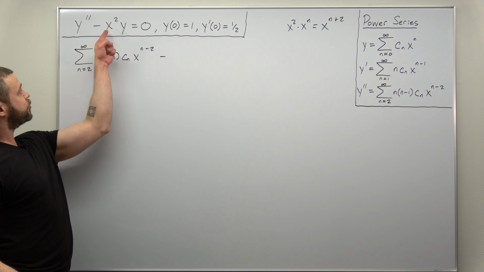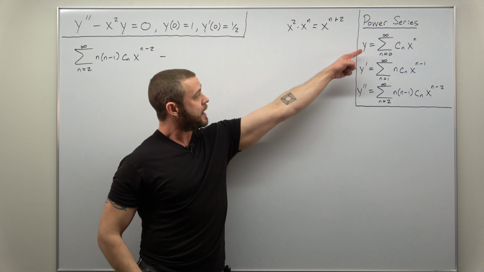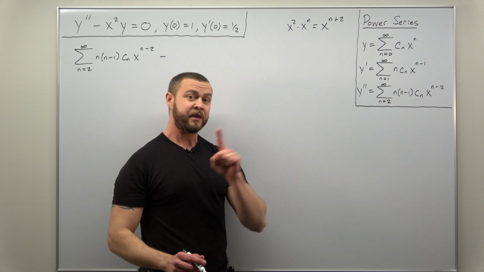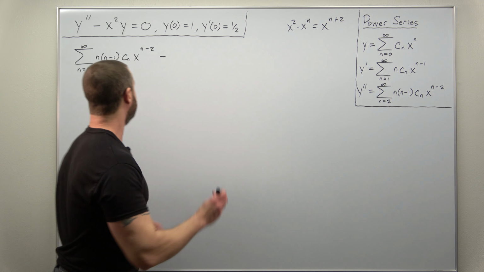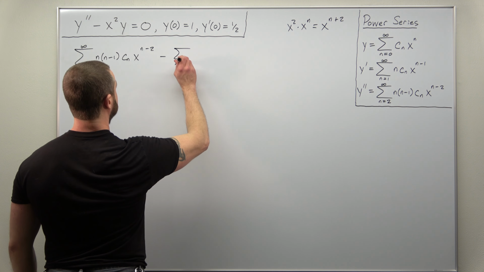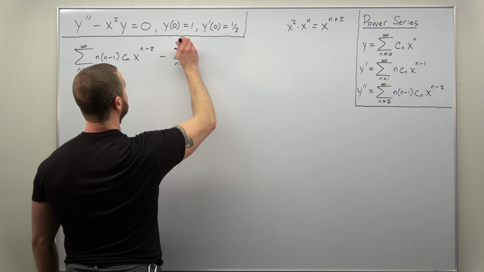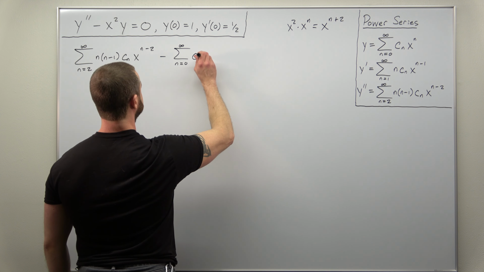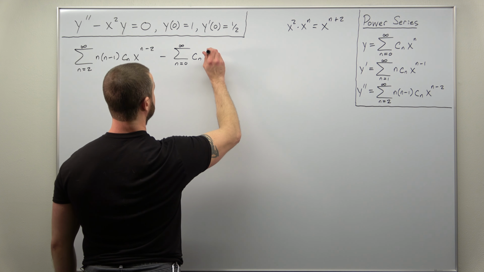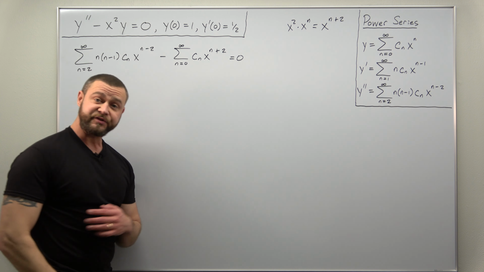And we already, again, brought the x squared into the summation to give us now in our power series for y, x to the n plus 2. So we have our other power series. This one starts with n equals 0, goes to infinity. We have c sub n, and now x to the n plus 2.